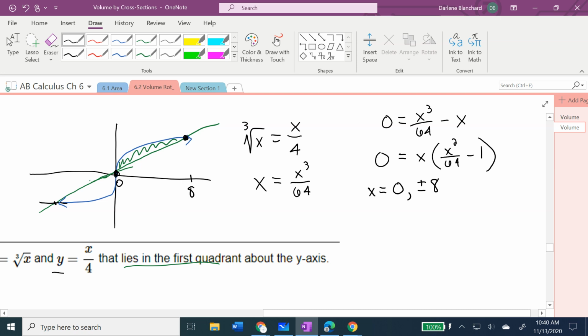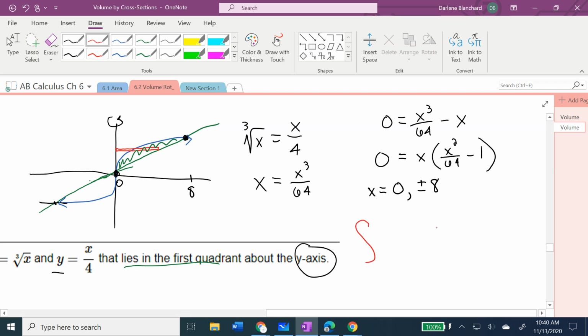Now, this one is rotating about the y-axis. Because it's rotating about the y-axis, I have radii coming out perpendicular to that axis, and then that means this is a dy integral because it's the y-axis being cut up into small pieces.